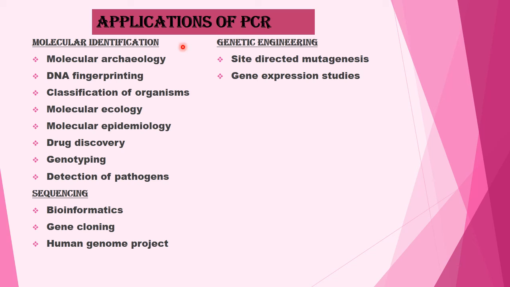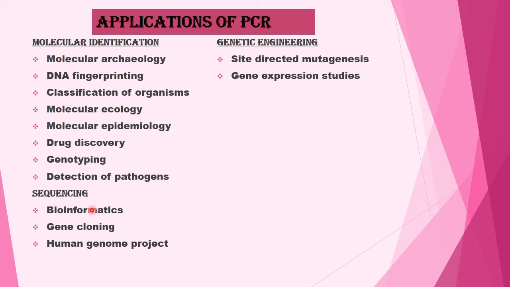Applications of PCR. It is also used in molecular identification studies, sequencing studies, and genetic engineering studies. In molecular identification: molecular archaeology, DNA fingerprinting, classification of organisms, molecular ecology, molecular epidemiology, drug discovery, genotyping, and detection of pathogens.